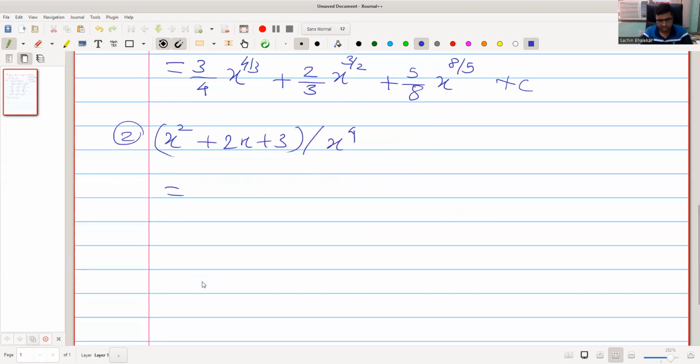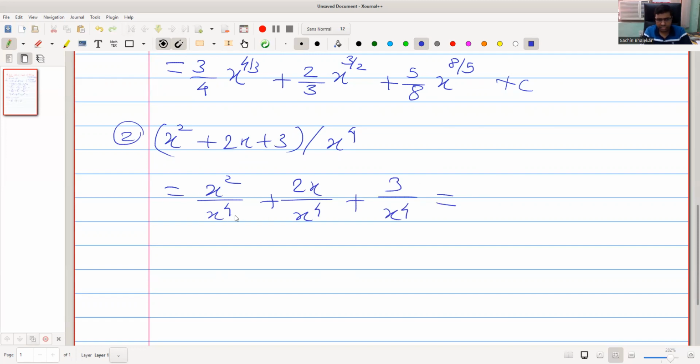So numerator is addition of 3 functions x square, 2x and 3. So we can take denominator to each of these terms separately, and this is nothing but x square by x raised to 4 plus 2x by x raised to 4 plus 3 by x raised to 4.